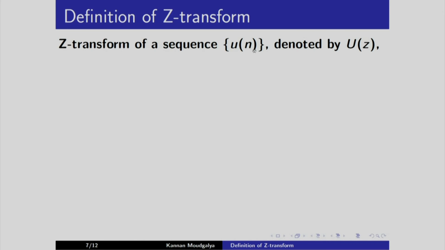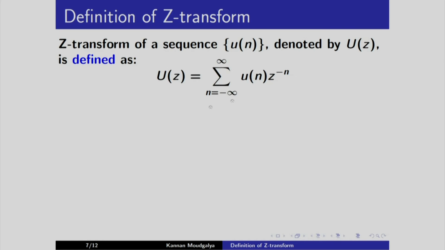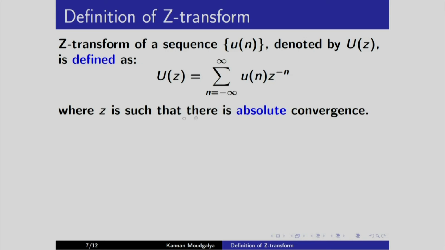The Z transform of a sequence u(n), denoted by u(z), is defined as follows, where z is such that there is absolute convergence. Remember, there are an infinite number of terms. We have to make sure that it makes sense to even write this expression. Under what conditions will this converge?